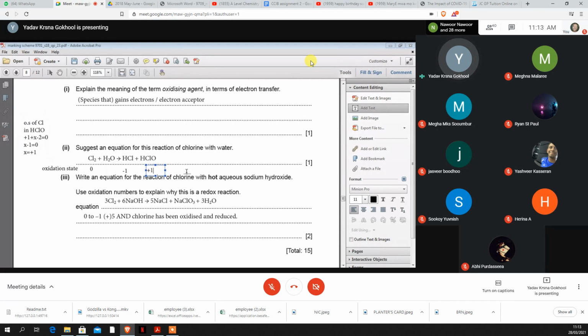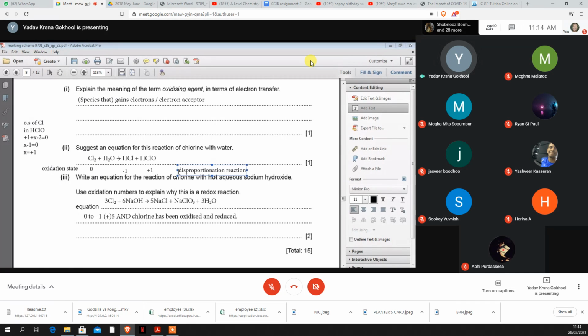Okay, so this reaction is known as the disproportionation reaction. We have done it in both the classes, lower and upper, in the topic electrochemistry, where in a disproportionation reaction, one molecule, okay, or one species is oxidized and reduced.